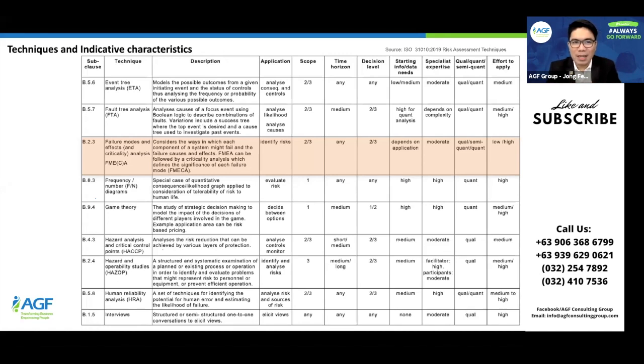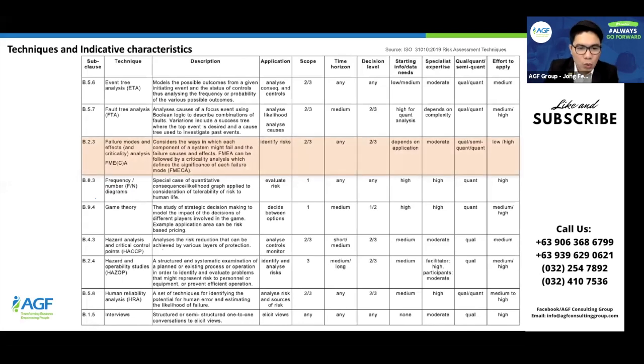Mind you, there are so many risk assessment techniques here that you can use, integrate, and apply in your risk management. So in failure modes and effects analysis, like you already know, you're using criteria like severity, the detection or the likelihood of the risk after you have identified it, and then you rank them. You come up with a risk priority number. That's very common across the different risk management in your QMS.